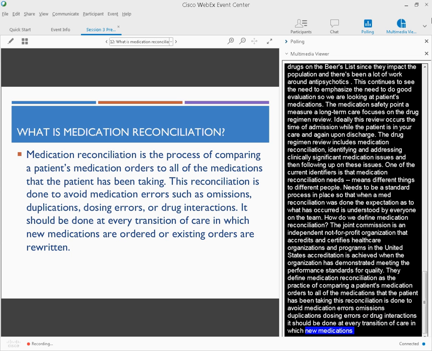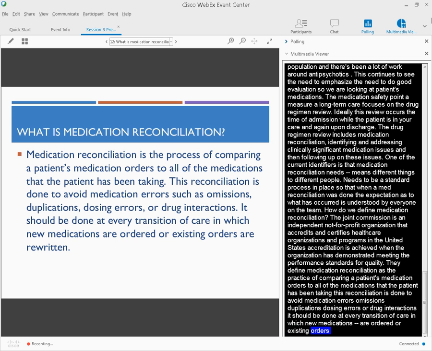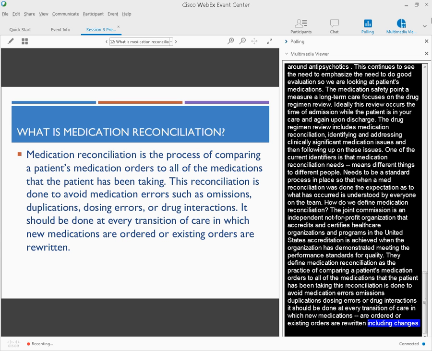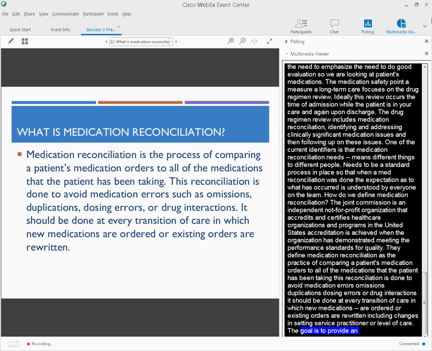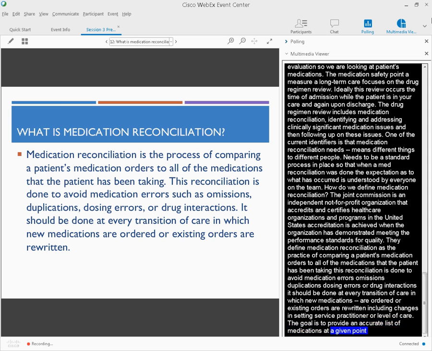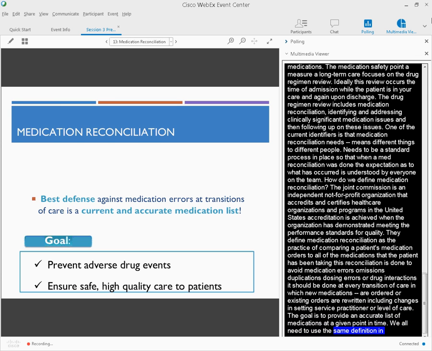Transitions in care include changes in setting, service, practitioner, or level of care. The goal is to provide an accurate list of medications at a given point in time, but we all need to use the same definition and standardize the process to be successful.